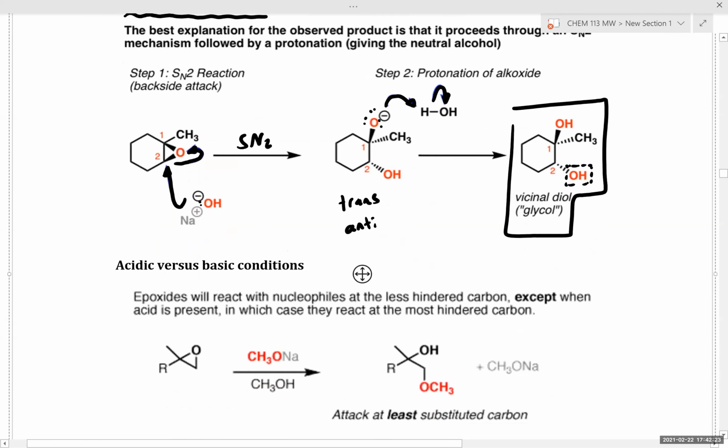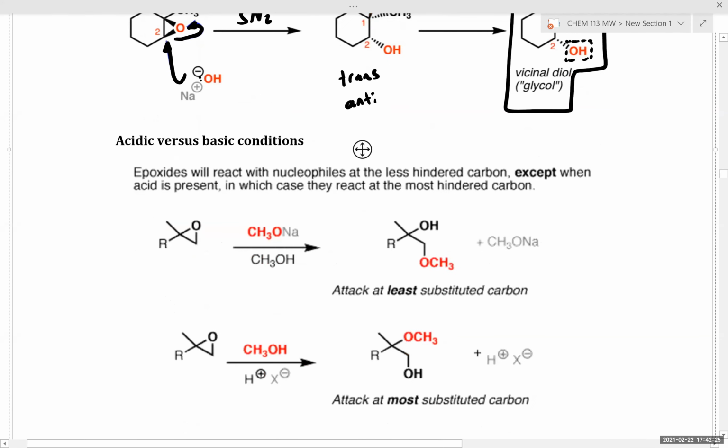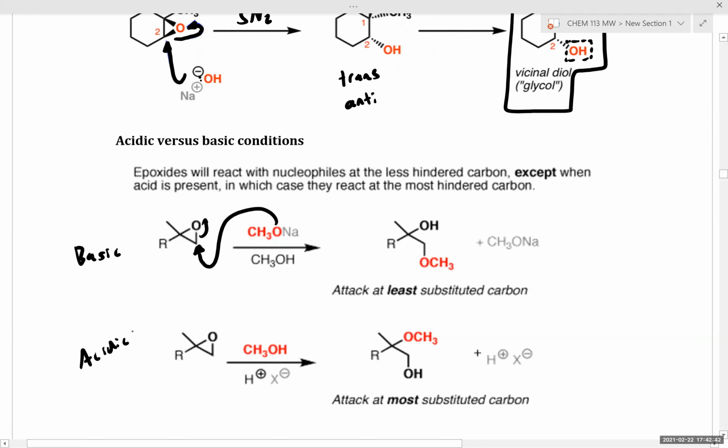Okay, so let's take a look now and let's compare acidic versus basic conditions. So under basic conditions, our attack occurs at the least substituted carbon, while under acidic conditions, our attack occurs at the most substituted carbon with Markovnikov selectivity.